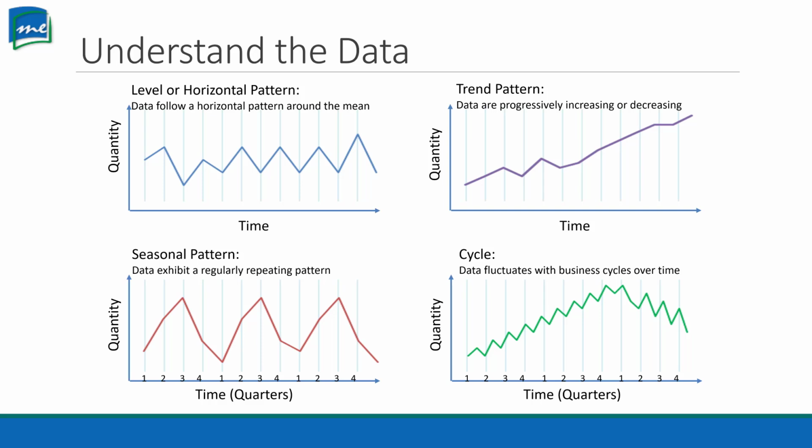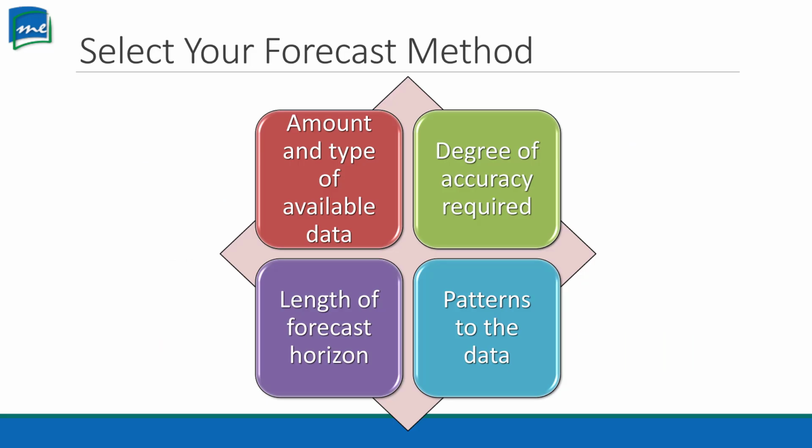So how do we select our forecasting method? Well, we have to understand what our end user of this forecast wants. And then we have to determine the amount of data that we need and the type of data. And we have to make sure that data is available.